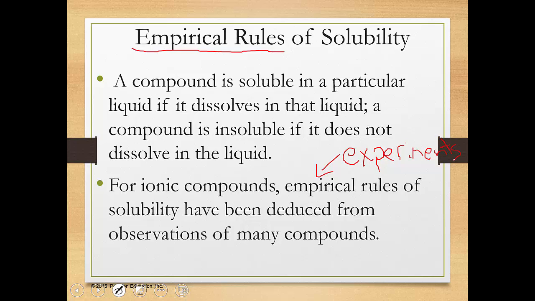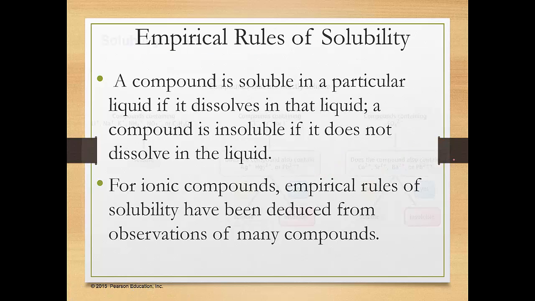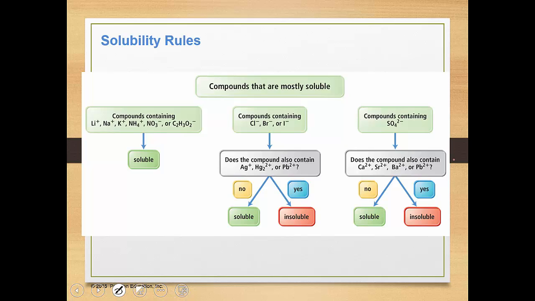They looked for patterns in that, and then we've used that to establish our solubility rules. They're based on empirical data, on observations that have been made. Now, you may have seen tables of solubility rules. Those are certainly out there. We're going to present it in our flowchart form here. And we can create a table, but let's look at it this way.